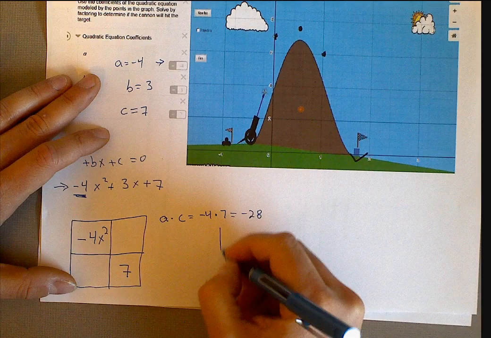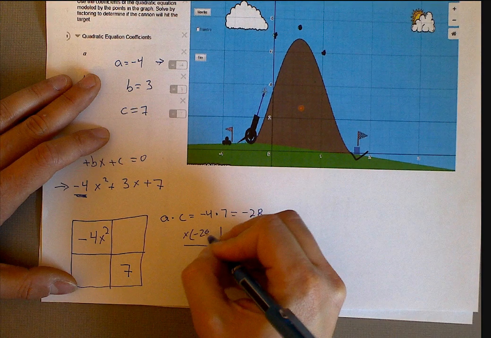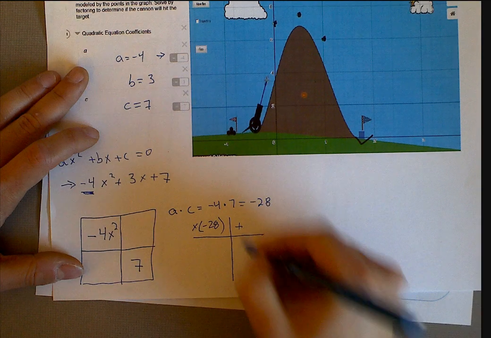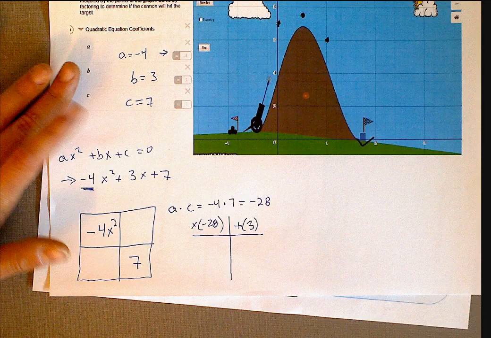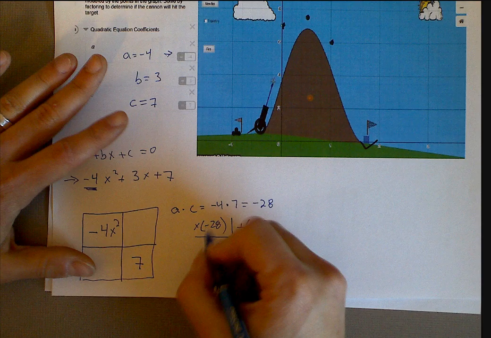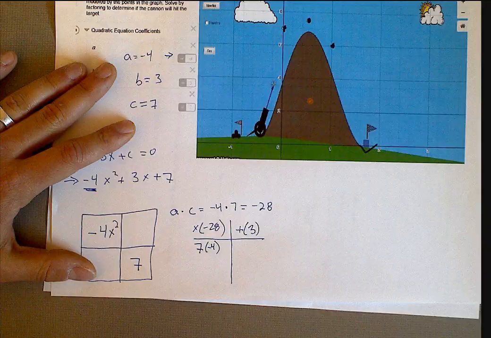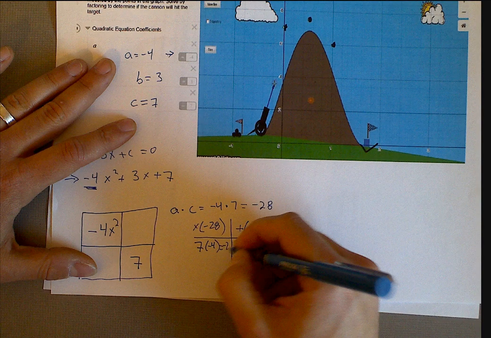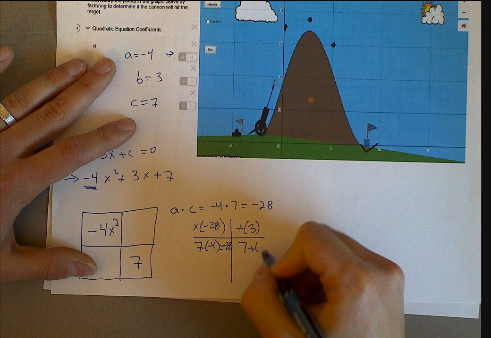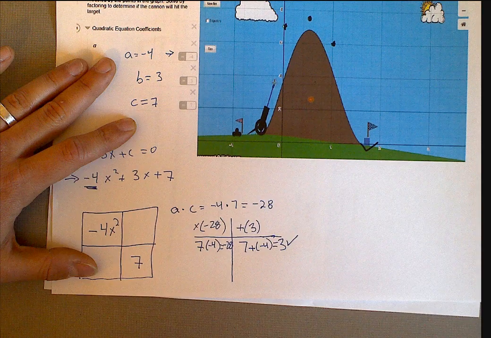So that means I'm looking for two factors that multiply to be -28, and at the same time add to be the middle term. In this case it's 3. So what numbers work to do that? Well, I know that +7 times -4 is equal to -28, and at the same time 7 plus -4 is also +3.